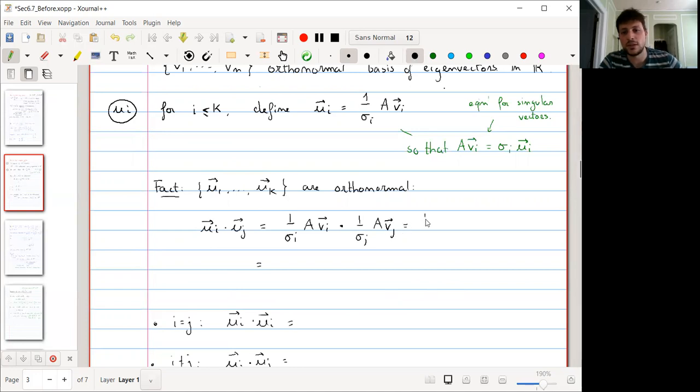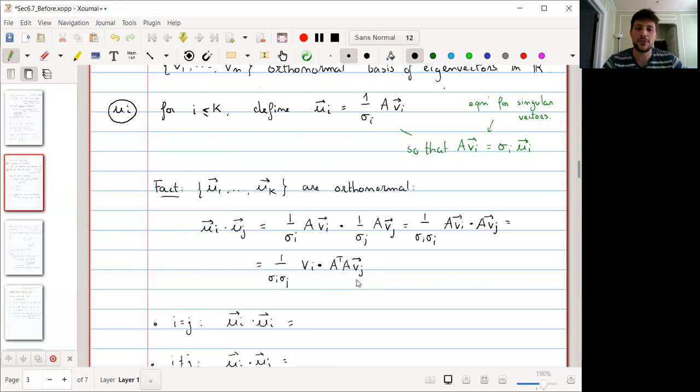But then I can rewrite this like this: 1 over sigma i sigma j here, and then I have A vi dot A vj. Now let's do one more step. I can move A across the dot product and transpose it. So here I get 1 over sigma i sigma j, vi dotted with A transpose A vj.